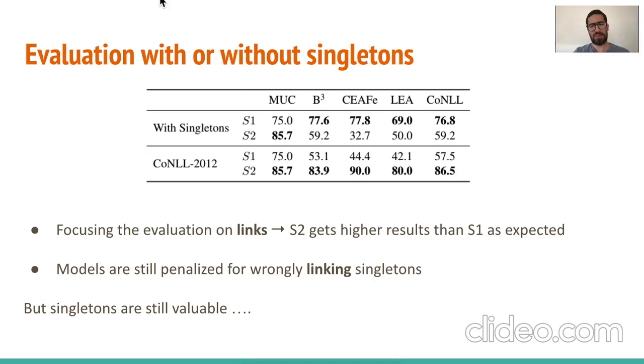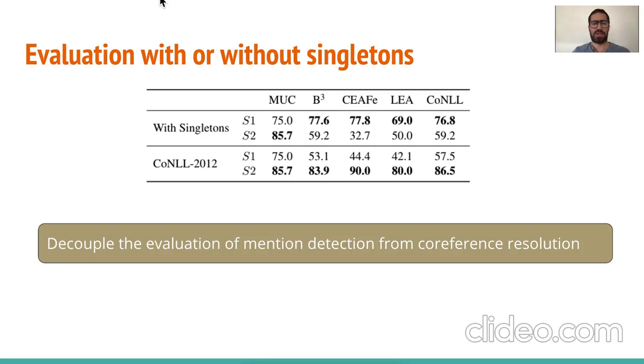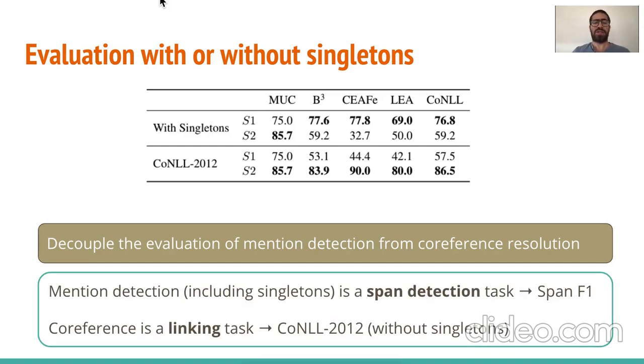Singletons are still valuable and we don't want to throw them out, so what we propose is to decouple the evaluation of mention detection from coreference resolution. Mention detection is basically a span detection task and should be evaluated using span F1.